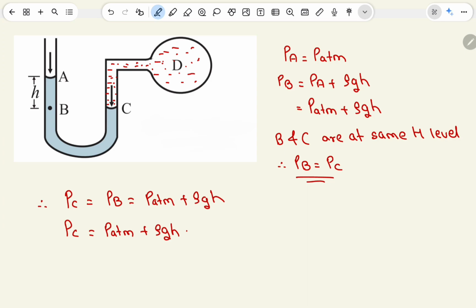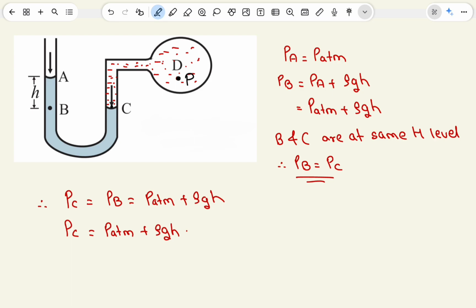Now, this gas is an enclosed fluid. So whatever pressure is inside the container, let's say that pressure is P, the same pressure is acting at point C, because the fluid in the container and in the U tube is an enclosed fluid.